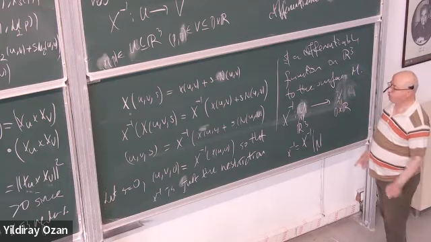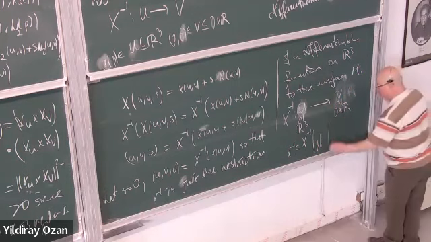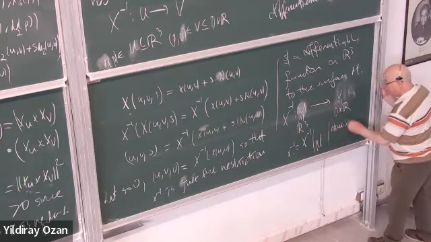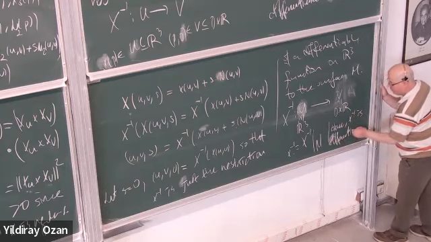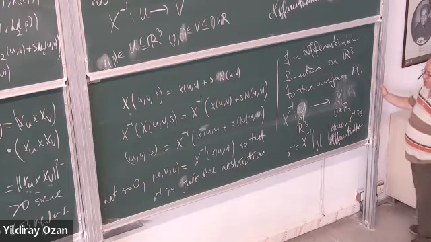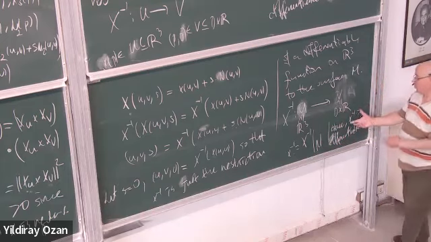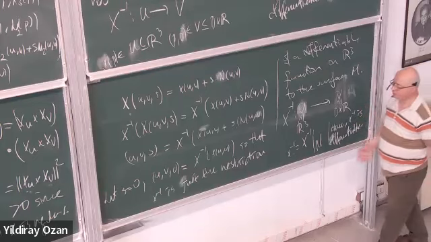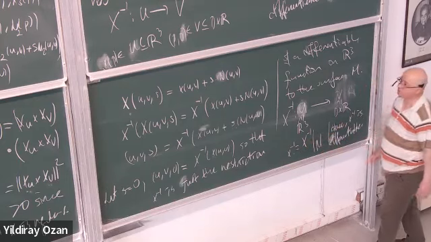Therefore, this little x inverse is also differentiable. What I mean by that, it is the restriction of a differentiable function on R3. Therefore, the coordinate functions of this are differentiable because they are the coordinate functions of this differentiable function.